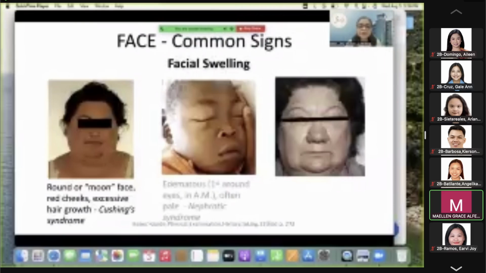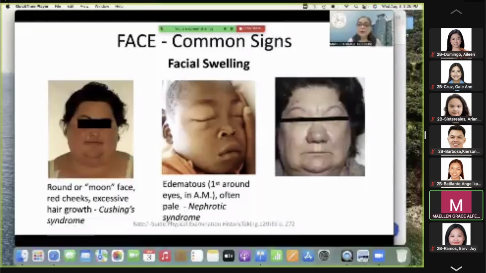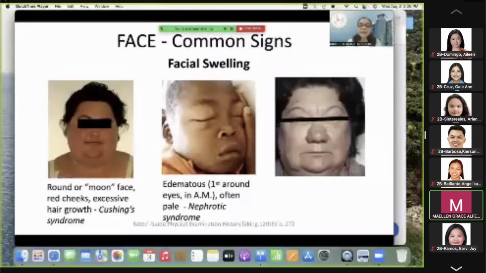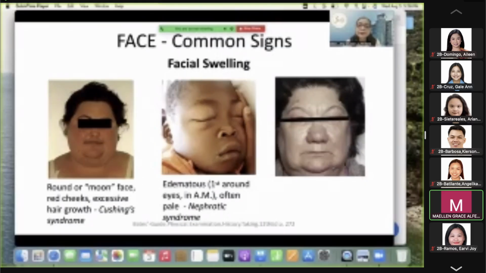Now, the next picture shows that the edema is more concentrated around the eyes, usually present already in the morning. These patients have edema and often have pallor. This is the problem, particularly in nephrotic syndrome.